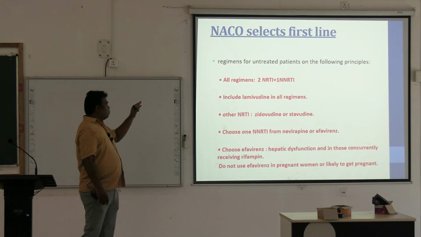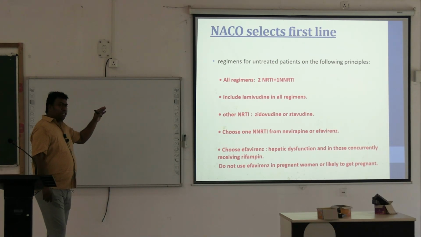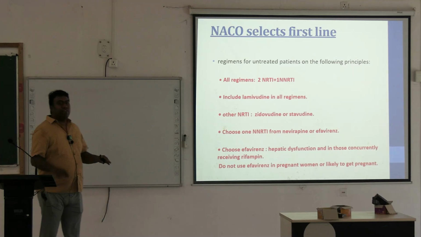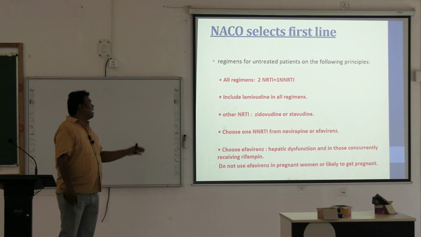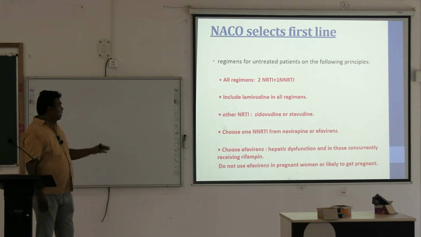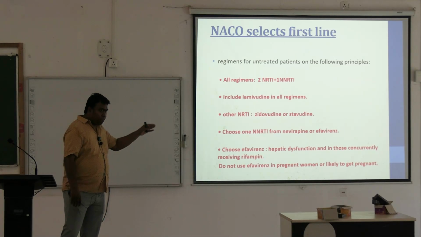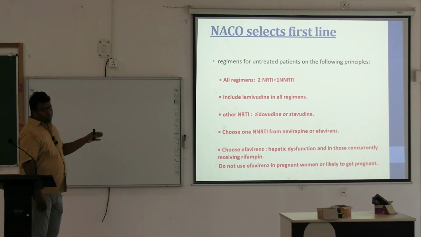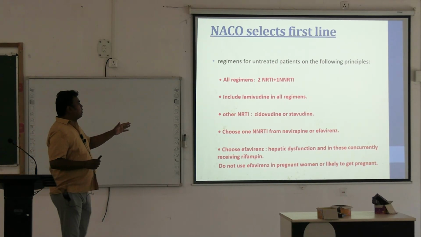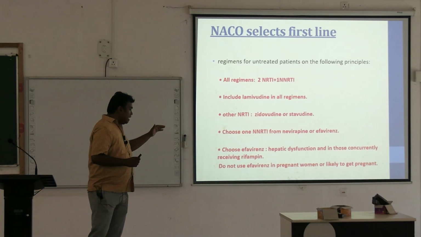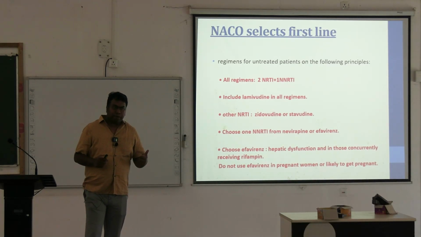The principle in all regimens is 2 NRTIs plus 1 NNRTI, and try to include lamivudine if there is no resistance. Other NRTIs are zidovudine or stavudine. Choose one NRTI, and efavirenz or nevirapine. Efavirenz or nevirapine. Nevirapine causes hepatic dysfunction, and the issue arises when used concurrently with rifampicin. Why is it important?